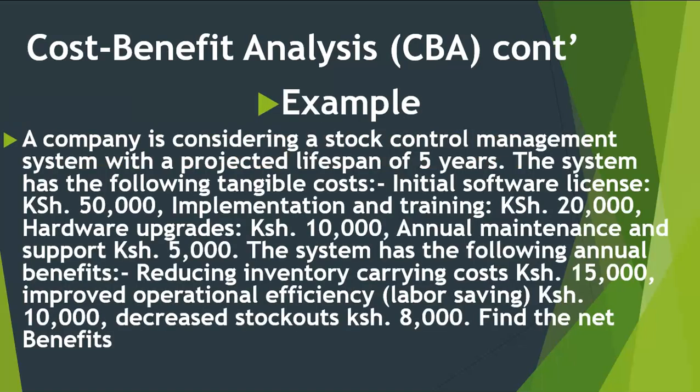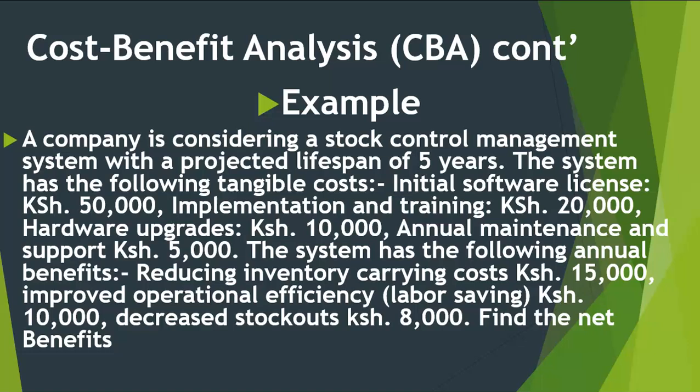And here we have an example. We are told that a company is considering a stock management system with a projected lifespan of 5 years. The system has the following tangible costs. These are costs that you can tell. The initial software license would cost 50,000.